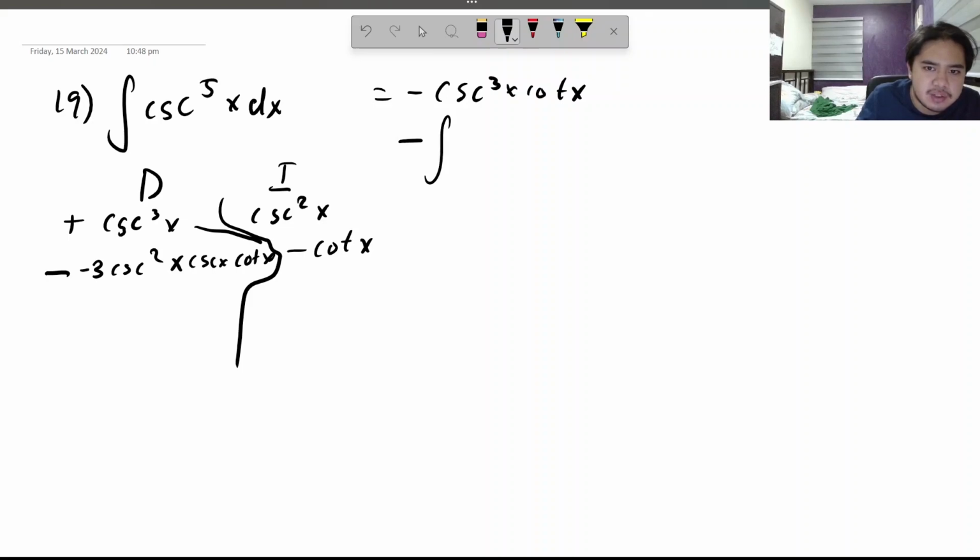Integral of 3 on the outside. Alright, let's put 3 on the outside. Cosecant squared x. No, actually, look at this. There's cosecant cubed x. There's now 2 plus 1. So then cotangent squared x, since there's now 2 of them.